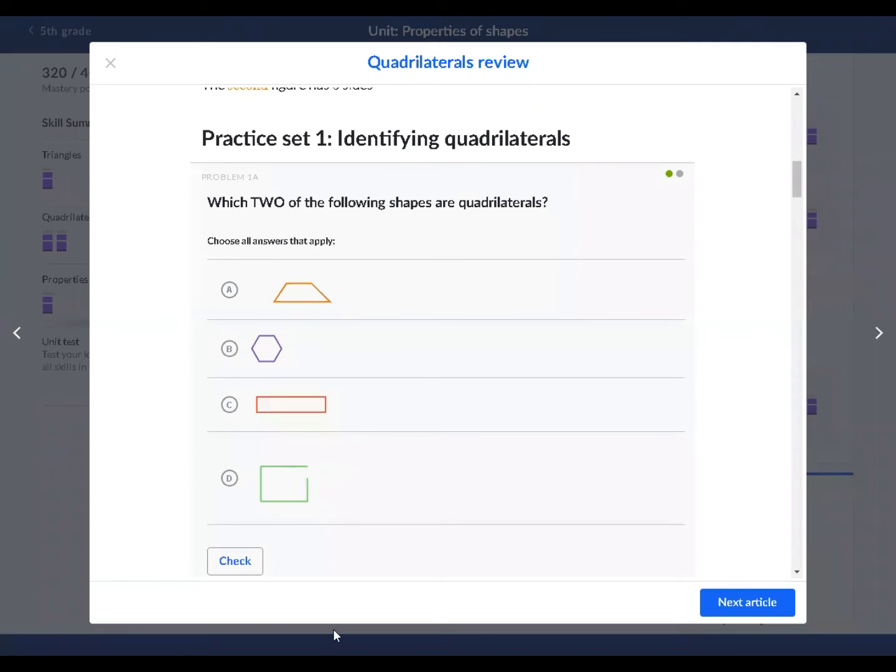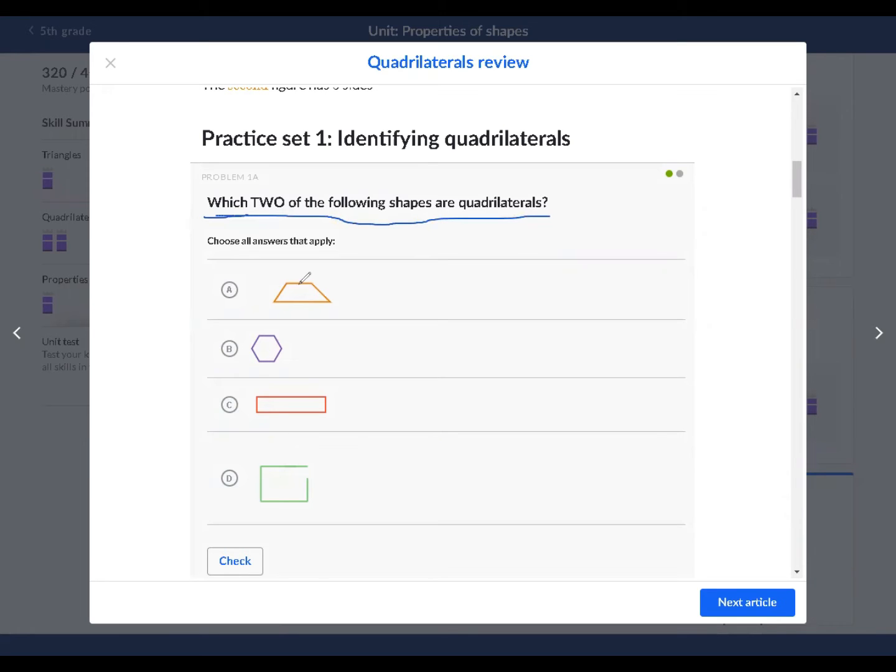So we have to practice this. Which two of the following shapes are quadrilaterals?